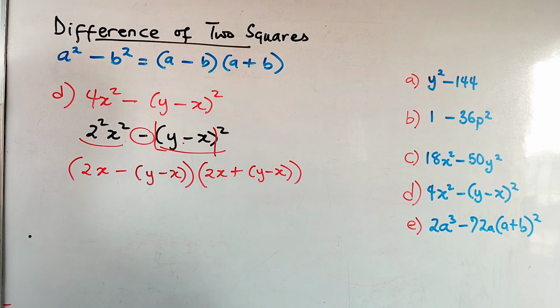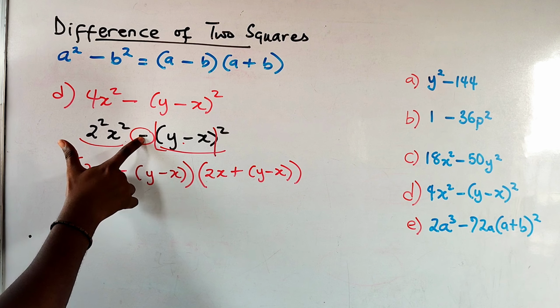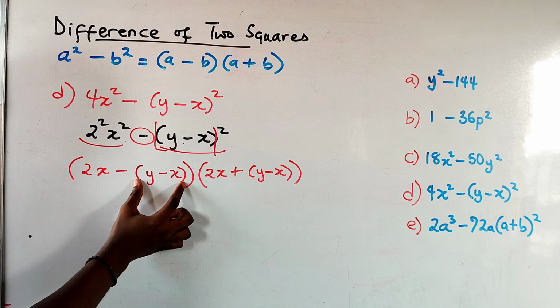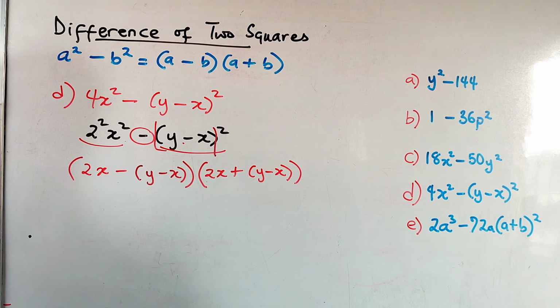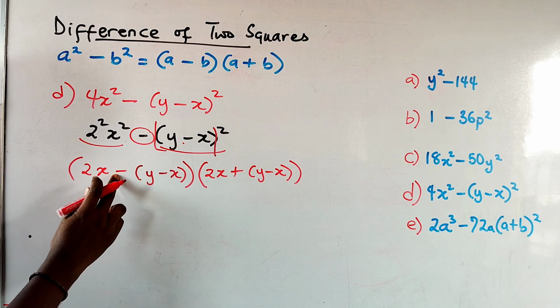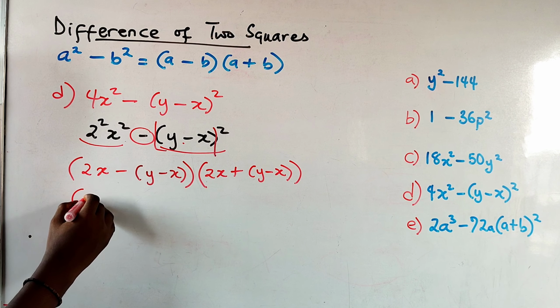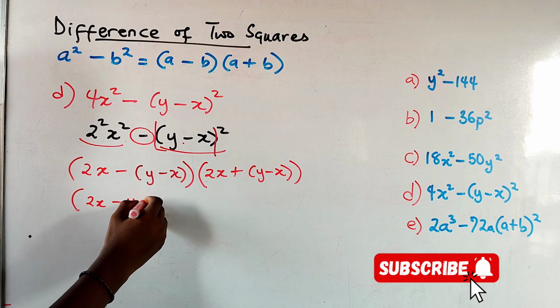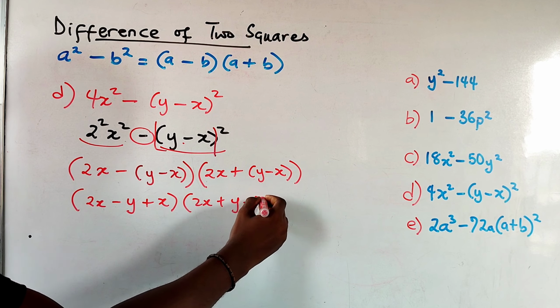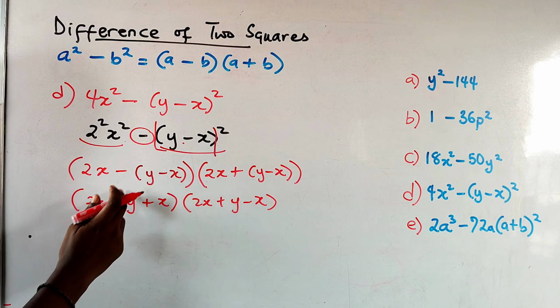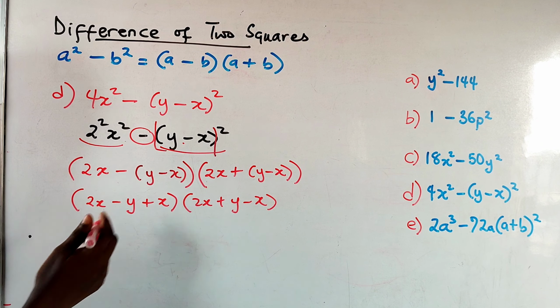Okay, so be careful here, like I said, because of this minus sign. Now I'm taking this, placing it here. I'm taking this, and I'm placing it here. So I kept it in the bracket because of this minus sign outside. So I'm going to have 2x minus (y minus x), and 2x plus (y minus x). So minus times plus is minus, and minus times minus is plus.